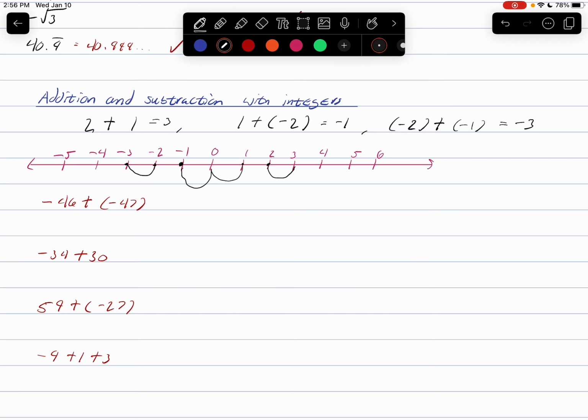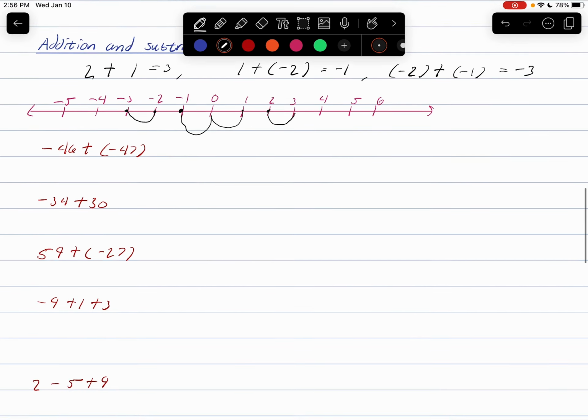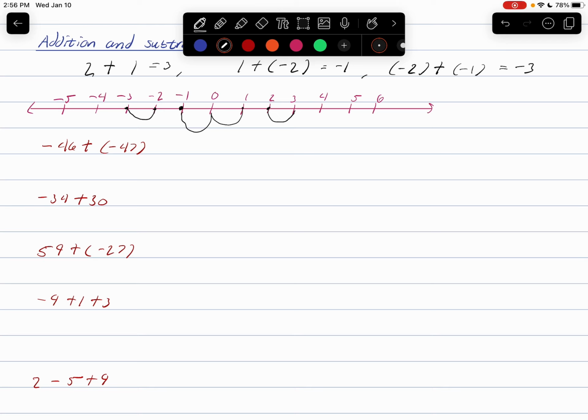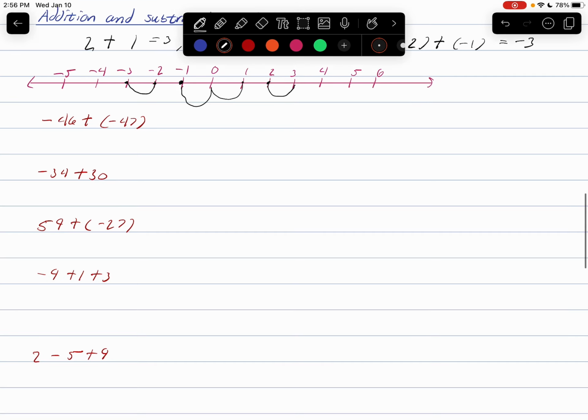Okay, so here, let's take a look at a few examples. Let's say we have 46 plus -47. If we have 46 plus -47, that would be the same thing as 46 plus 47, but we're going to make the answer negative. So we have 46 plus 47.